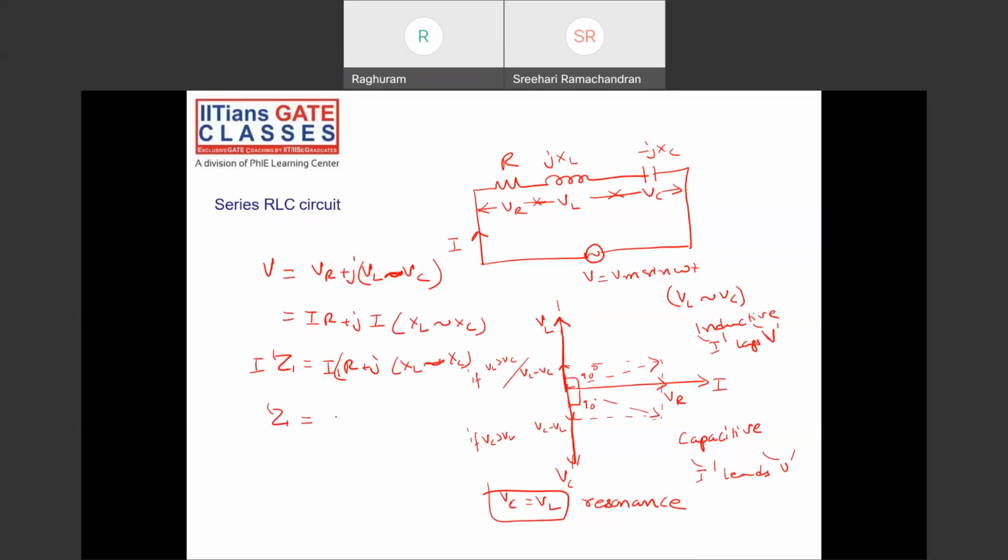So Z is equal to R plus j(XL minus XC). Okay, series RLC circuit. Any doubts regarding this so far? No. Okay.